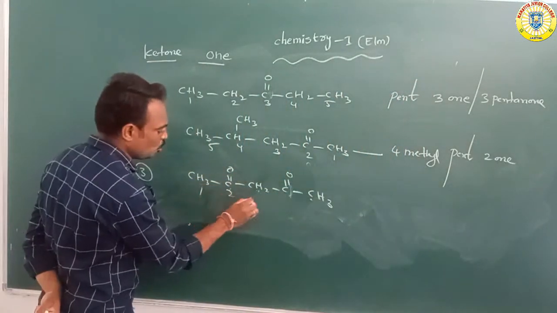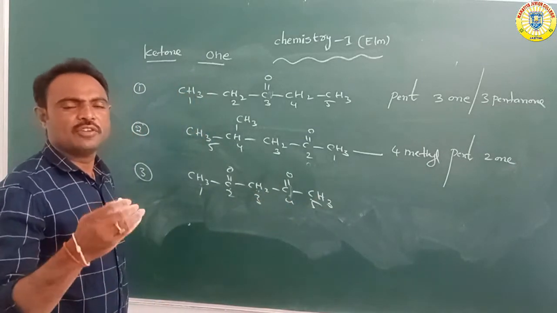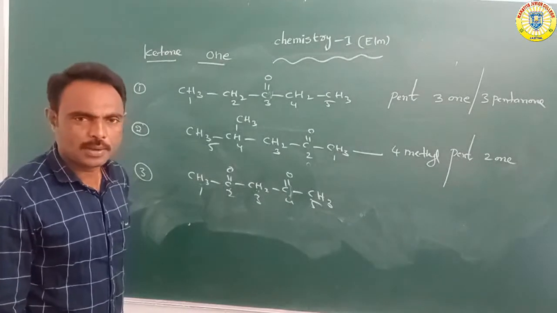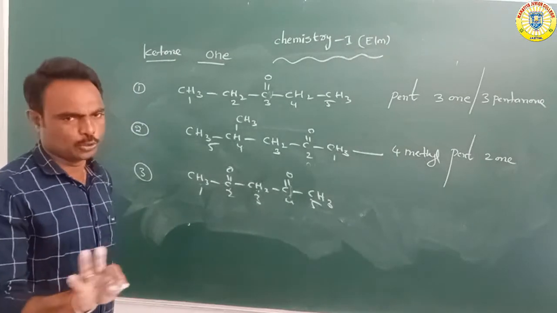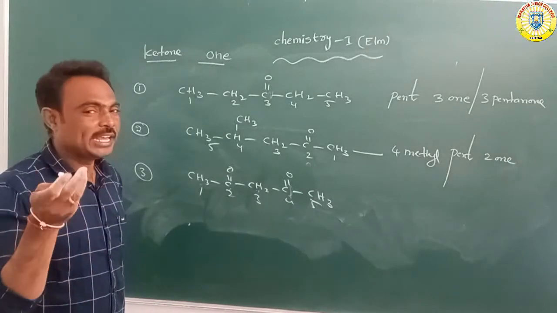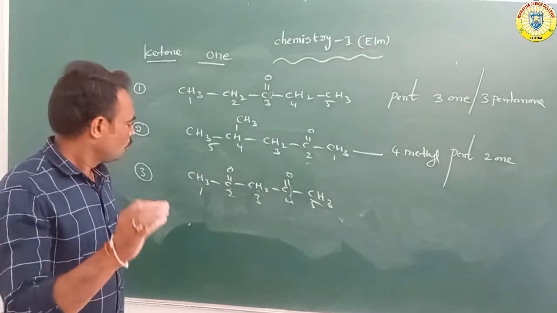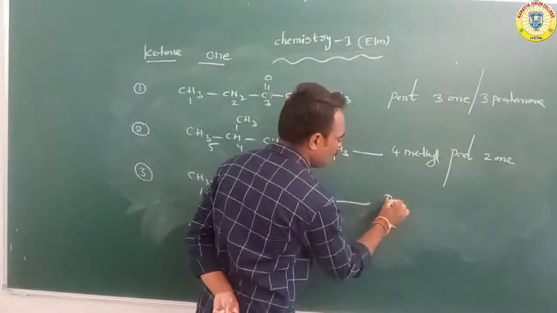So 1, 2, 3, 4, 5. First we write how many carbons. It is not attached with a methyl group or chlorine group. 5 carbons, so we write pent.